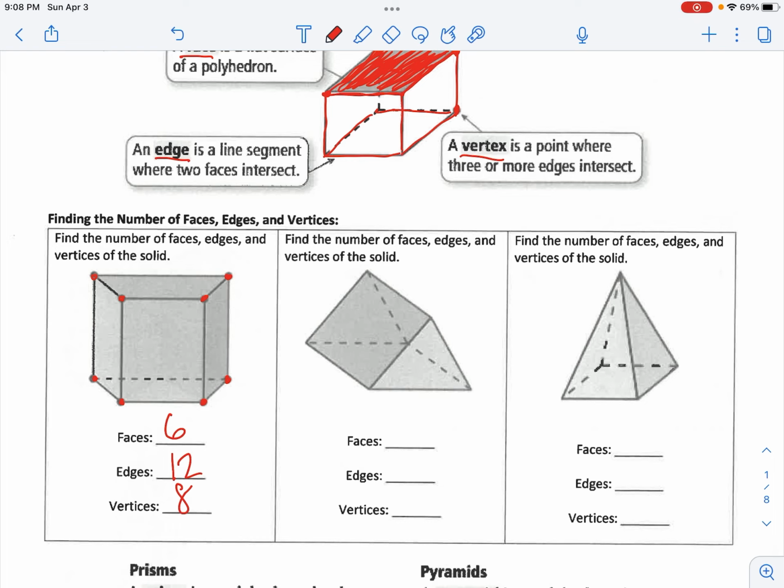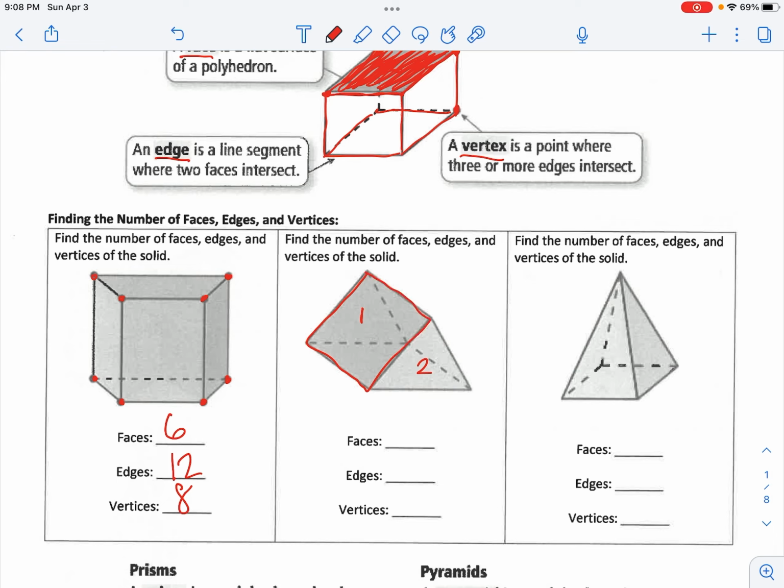Okay. If you're feeling comfortable, try this next one on your own. You can pause it and then play to see if you get the right answer. But so I'm going to start with faces. So I have this one in the back, this back triangle. And then I have this front triangle. And then I have this shape.